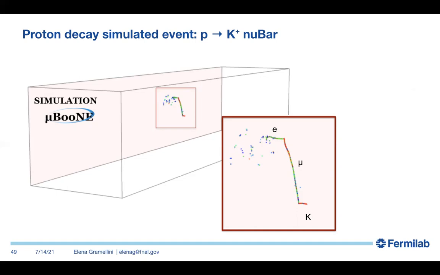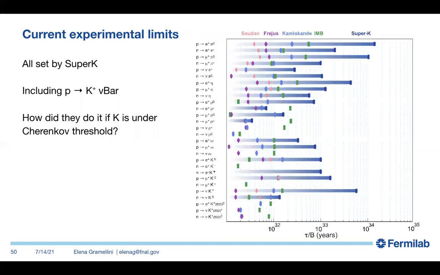So you have your kaon hanging in your detector, and it would go, and then decay into, for example, a muon and an electron. The probability of the proton decaying is extremely small, and so you really want to pick these events out as much as possible.